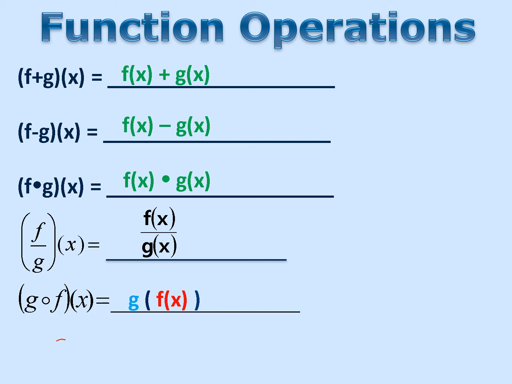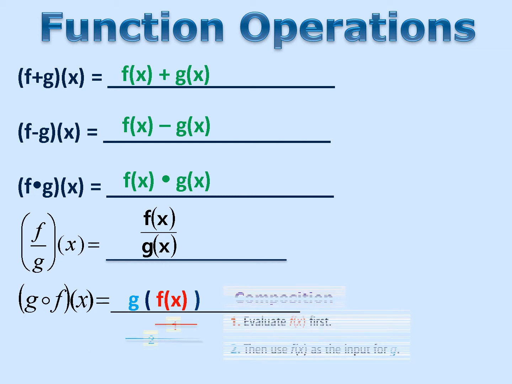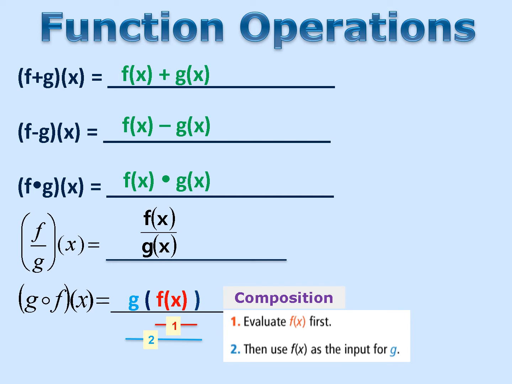They mean the same thing. So what this means is you're going to take g of x and use that in place of any x you see in f. And we'll talk about that more. So you always evaluate inside out. Inside goes into the outside equation.